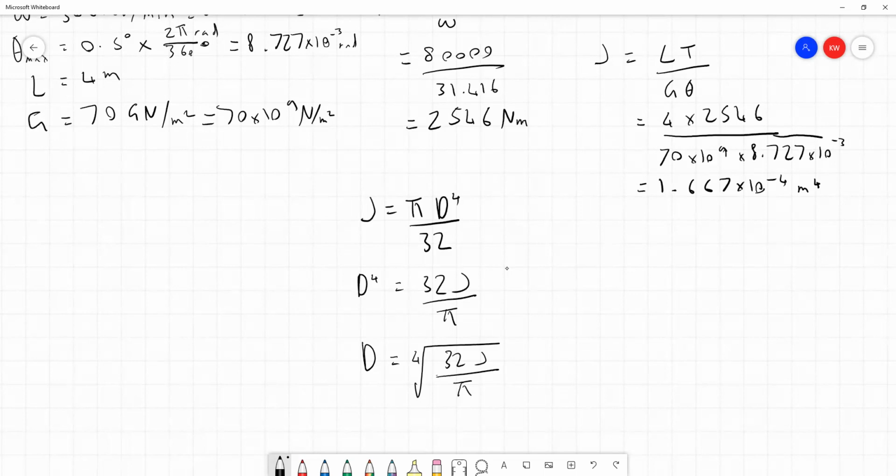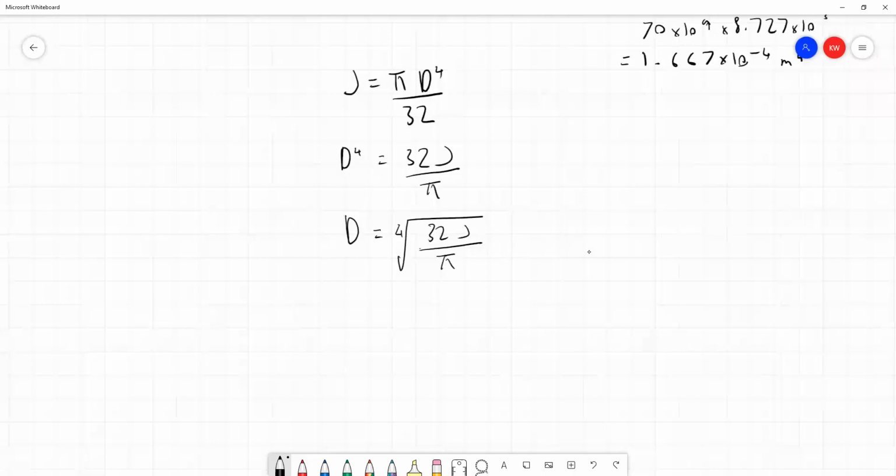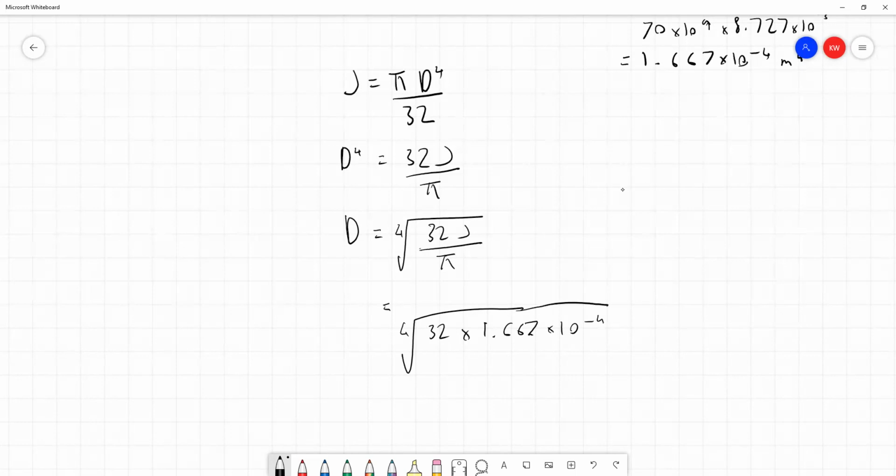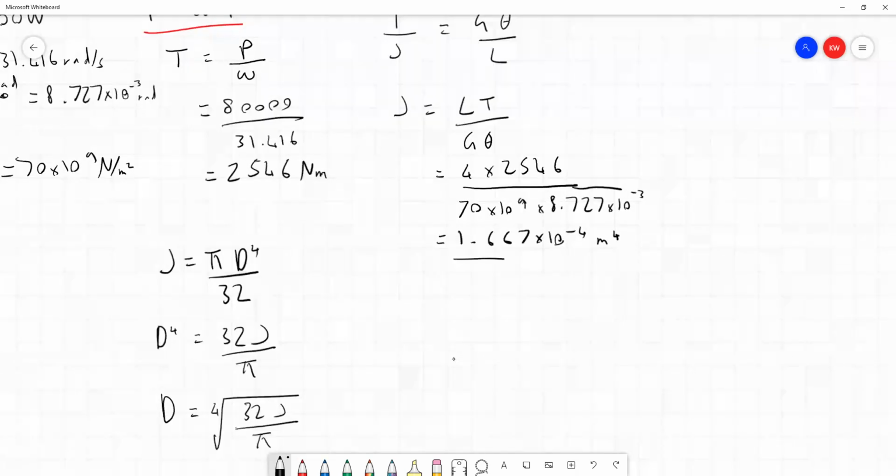Now, this might be something you're unfamiliar with at this point, and I'm going to talk you through what I'm doing when it comes to calculating a 4th root, but we can do the bit inside the root quite easily because that's a normal calculation we're used to doing in this course. So I'll write in 4th root just now, 32 times 1.667 times 10 to the minus 4, that value coming from up here where we just worked it out.